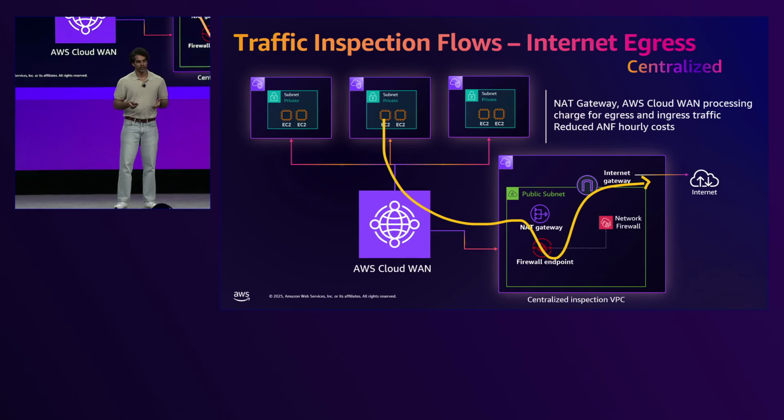The only thing is you are introducing AWS Cloud WAN, which has its own data processing charge. So you need to keep that in mind. But you get reduced ANF hourly cost. So if you have hundreds of VPCs, you don't have to deploy hundreds of AWS Network Firewalls. You're just deploying it once in a centralized inspection VPC. So you're paying only for a single instance of AWS Network Firewall. So you save cost there.